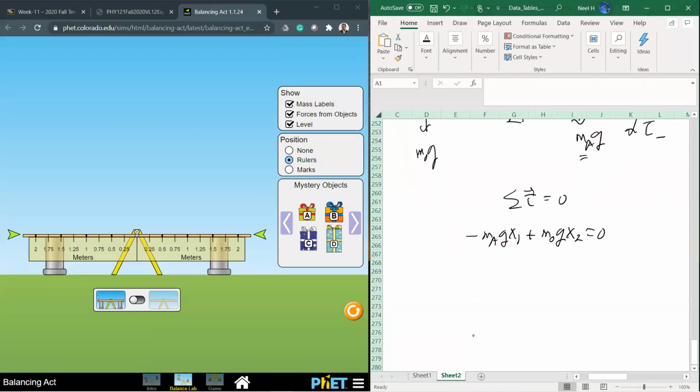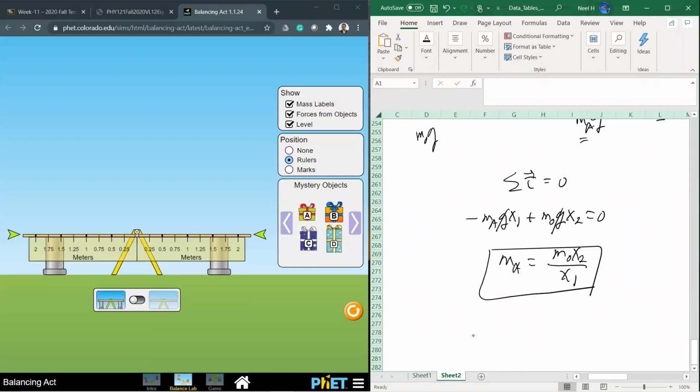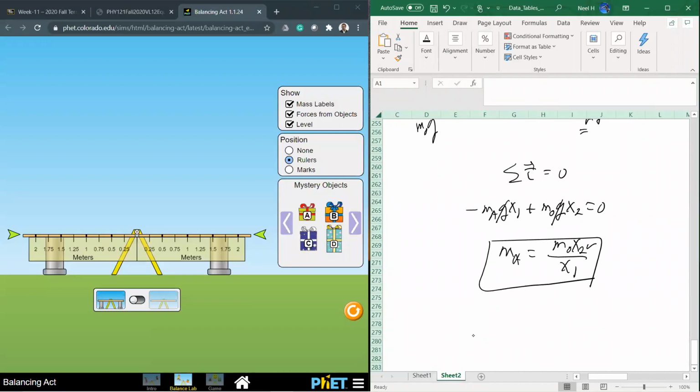Then from there, I can easily find ma, where g cancels out, which is equal to m0x2 divided by x1. Right? So that's the idea. The x1, x2 we can measure directly. m0 is a known mass. Then I can figure out the unknown mass very easily, right? So we can find all of these unknown masses, A, B, C, D, by simply doing this technique. That's the last part.